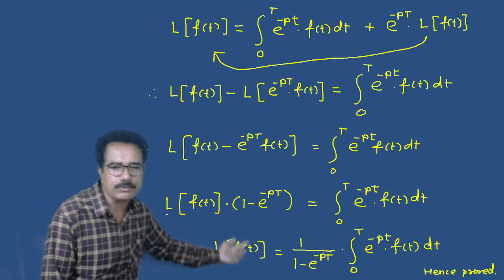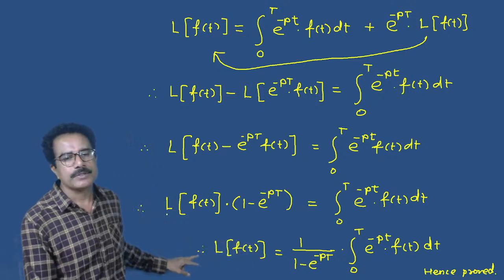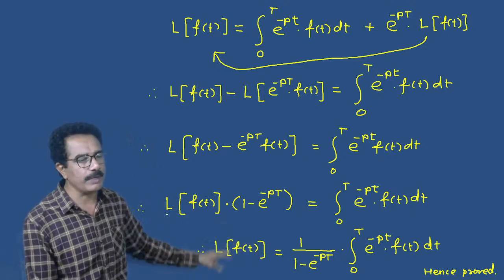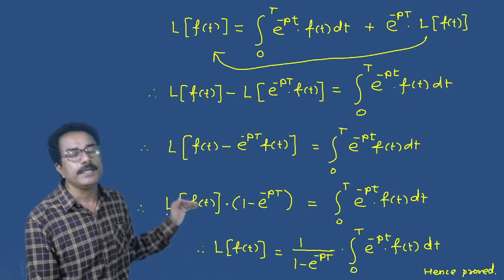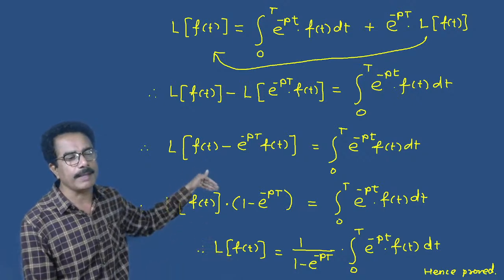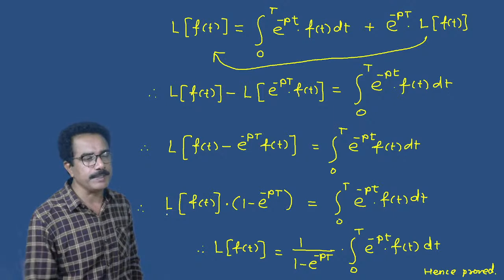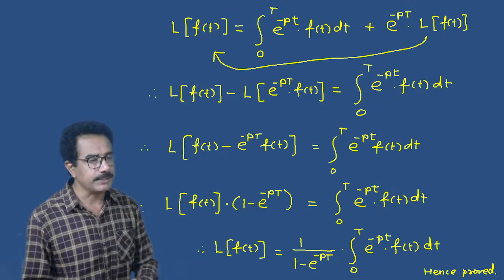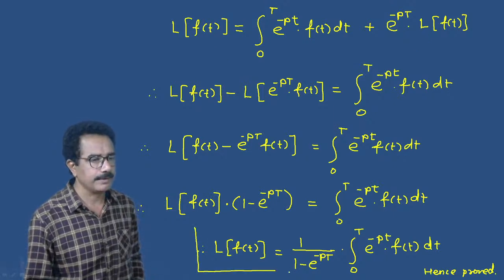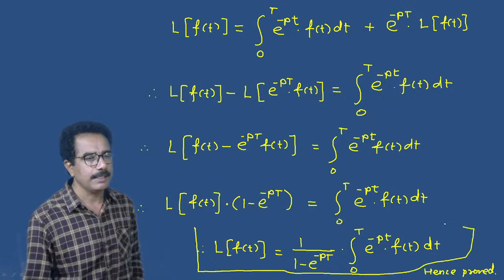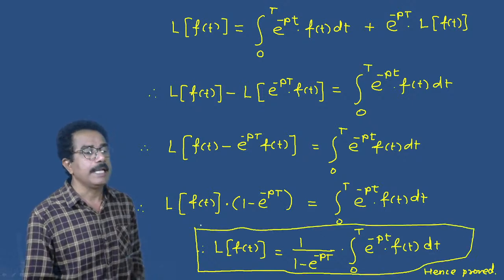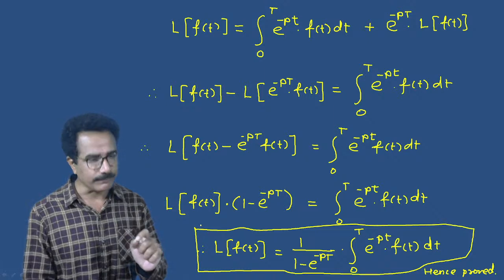So transfer this to the right side as a division. So L of f of t is equal to 1 upon 1 minus e raised to minus pT into the integral from 0 to capital T of e raised to minus pt f of t dt. This is our result. That is the Laplace transformation of the periodic function.